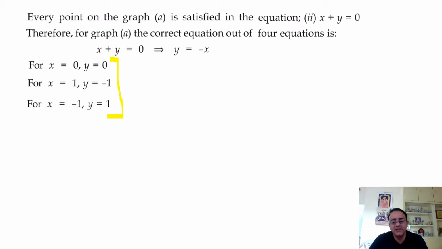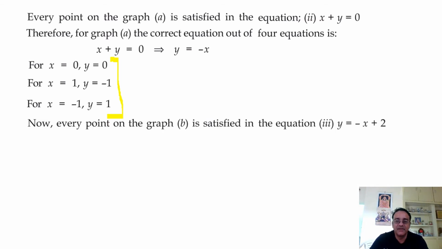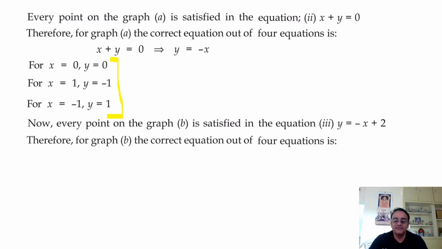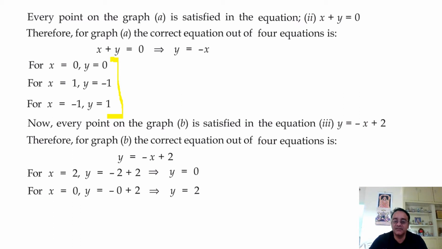Now let us discuss the second one. It satisfies the equation y is equal to minus x plus c. Just now we discussed. So we'll see one by one. For x is equal to 2, y is 0. For x is equal to 0, y is equal to 2. These two values we already discussed.